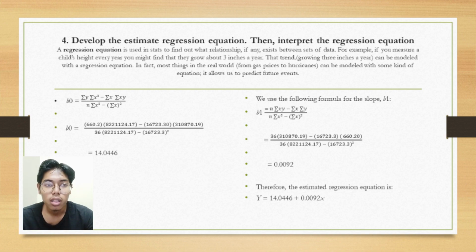First, 660.2 multiplied by 82211 24.17 minus 16723.3 multiplied by 310870.19, then divide by 36 multiplied by 82211 24.17 minus 16723.3 squared, and we will get 14.0446.